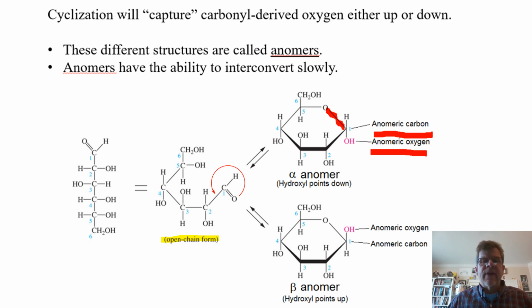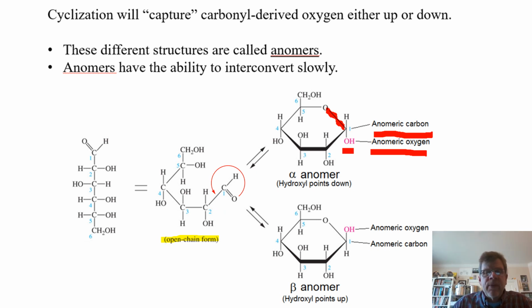That would mean that if we look in the central structure again, as this aldehyde oxygen was swinging around, it was caught when that bond formed on the low end, caught facing down, so that anomeric oxygen now on the structure on the upper right is forced down, is caught or captured in a downward formation.